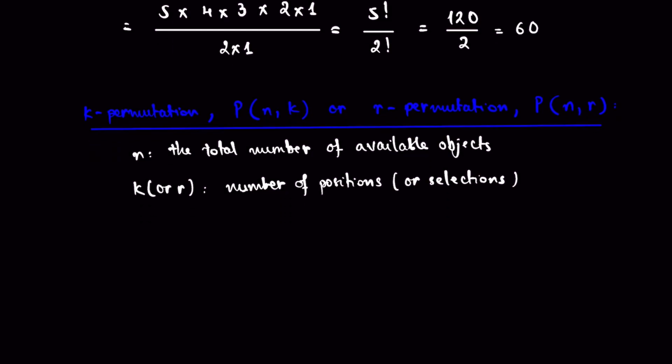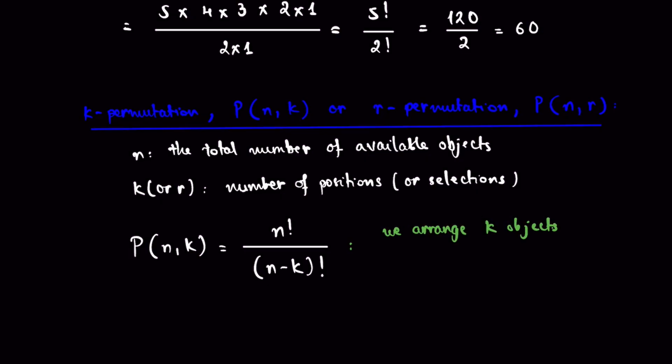For K permutations or R permutations, the formula is P of N, comma K, is equal to the fraction of N factorial over N minus K factorial. So this says that we arrange K objects chosen from N distinct objects. Alright, and we're going to consider applying this particular formula in the next couple of examples.